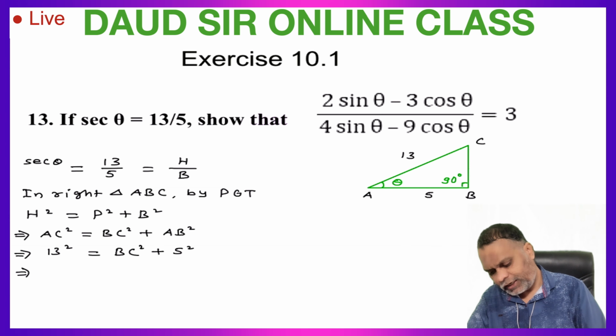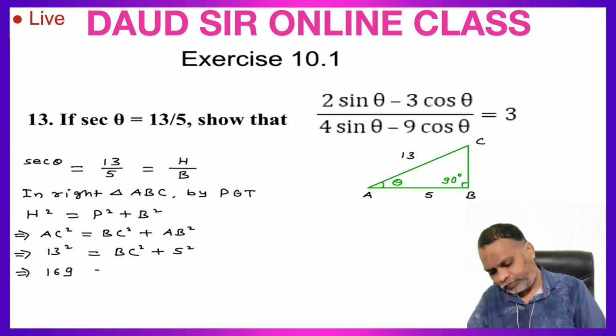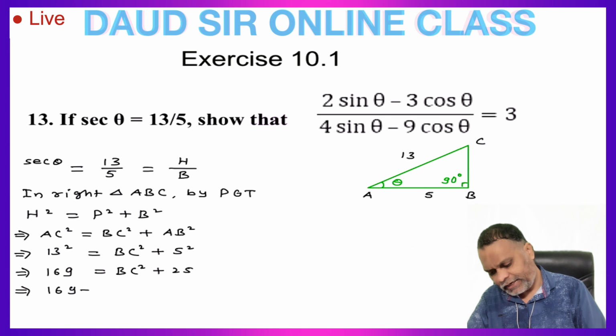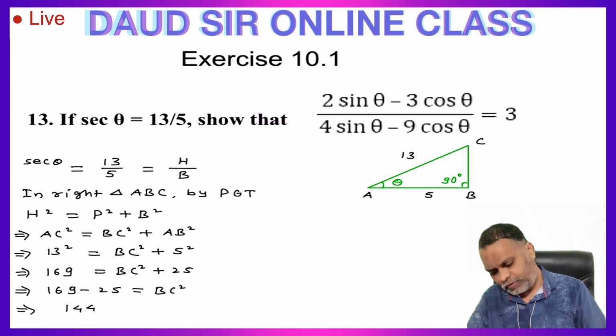Which implies 13 square, 169, is equal to BC square plus 5 square, 25. Shift this 25 to the left side, so 169 minus 25 is equal to BC square. 169 minus 25, 144 is equal to BC square.